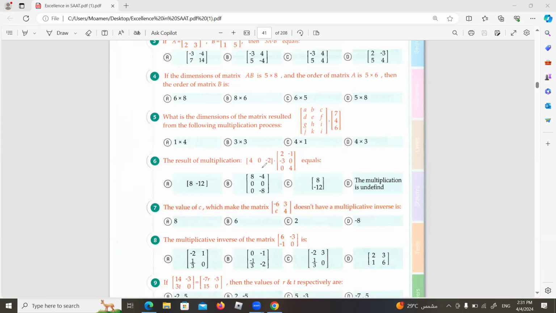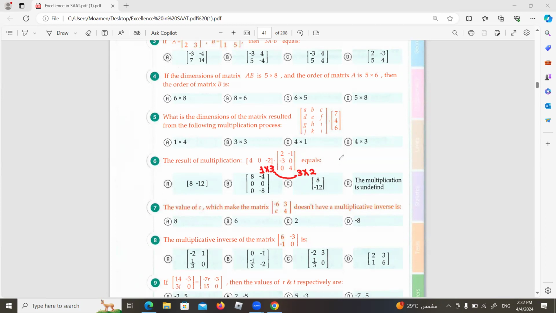Get the order of the first: it is 1 row and 3 columns. The order of the second is 3 rows and 2 columns. Mister, the inner numbers are the same, 3 and 3, so I can multiply.